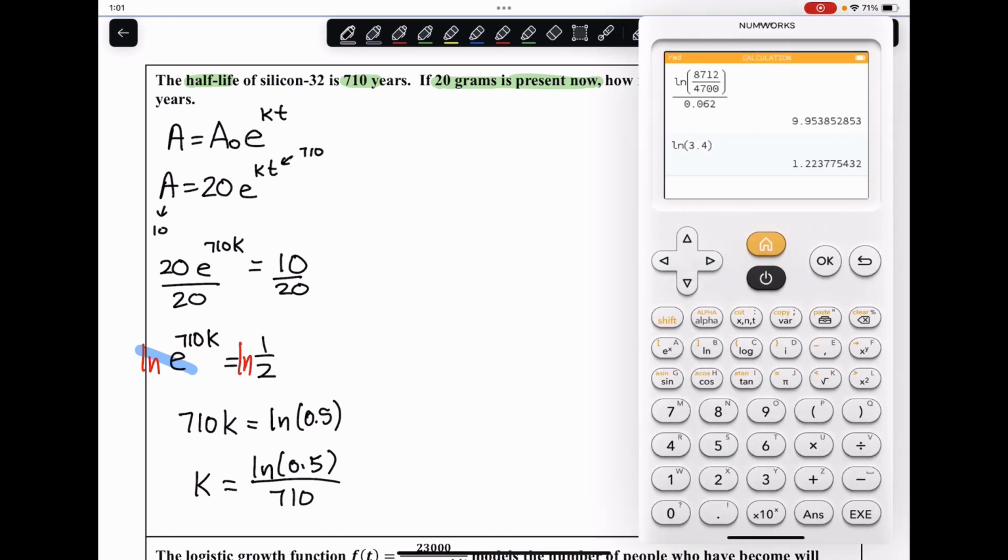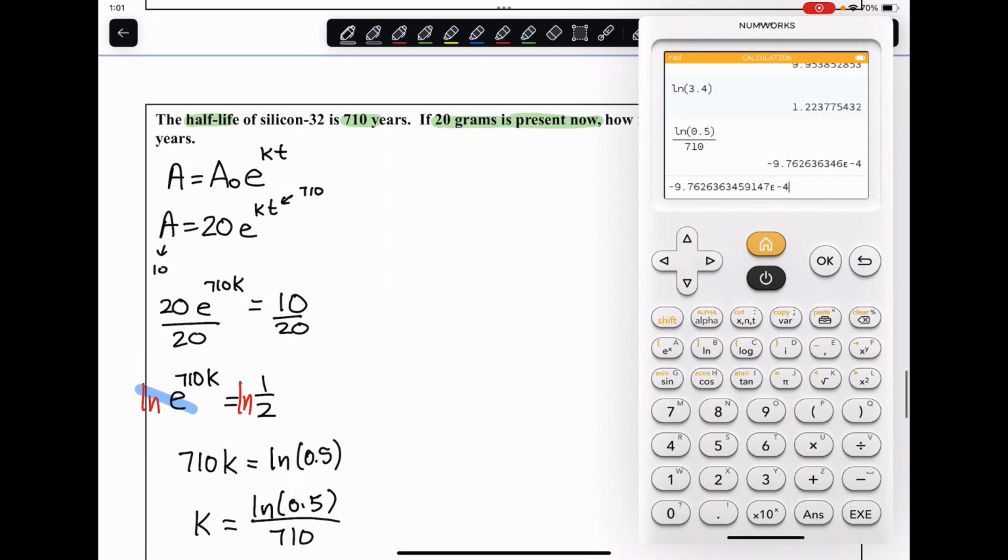So let's see what that equals. ln of 0.5, close parentheses, divide that by 710, equals this number right here. It's in scientific notation, so let me just write it like that. That e here means scientific notation, which on your calculator you should probably end up with the exact same thing.